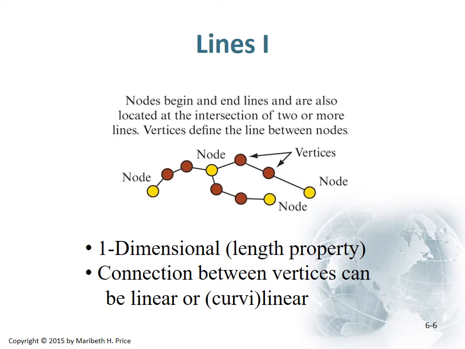Lines, again, have a beginning node and an end node. Here we see a more complex line that splits at an intersection, which would be a node as well when different lines intersect. We call that a node. The points in between are called vertices, or a vertex for an individual point. They're one-dimensional.